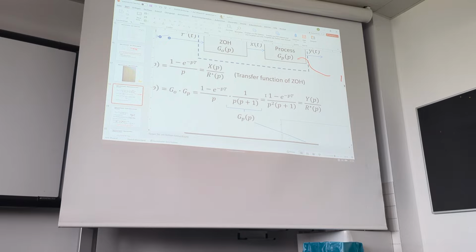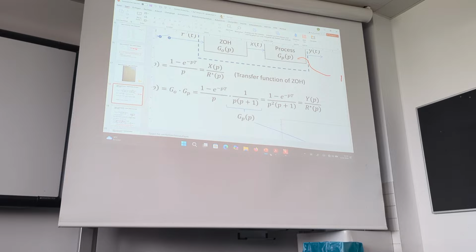So we calculated the result only for this 1 over p squared times p plus 1. And then we replaced the shift to the left, indicated here by e to the power of minus pT, with z to the power of minus 1. And this is what is written here.